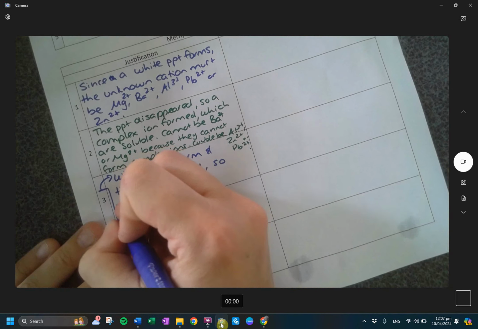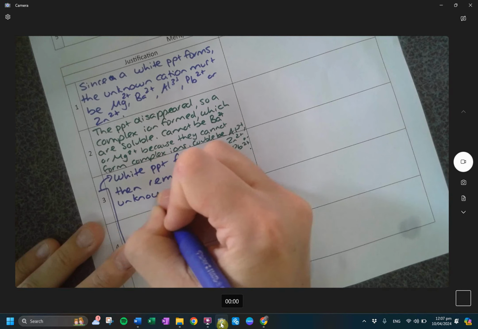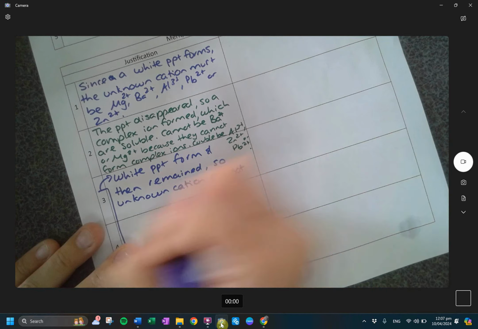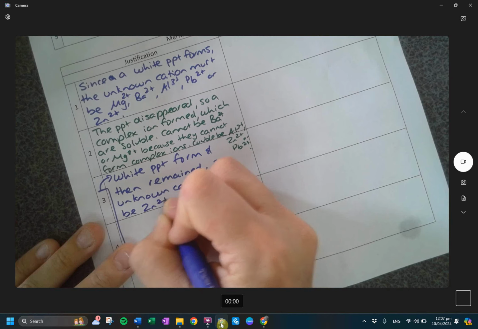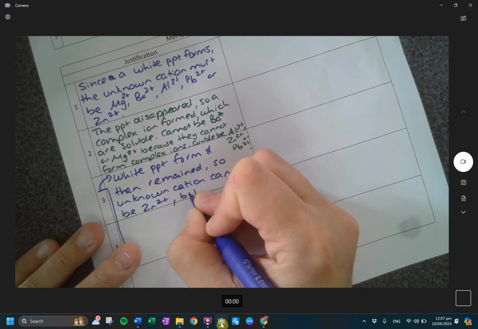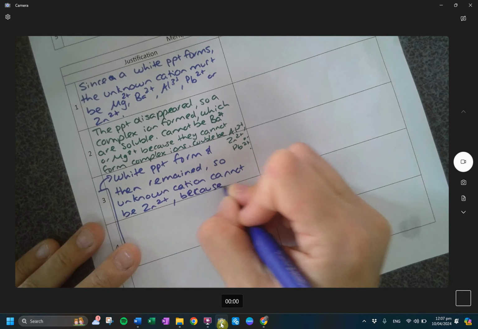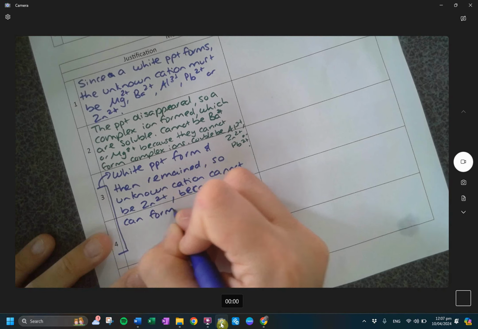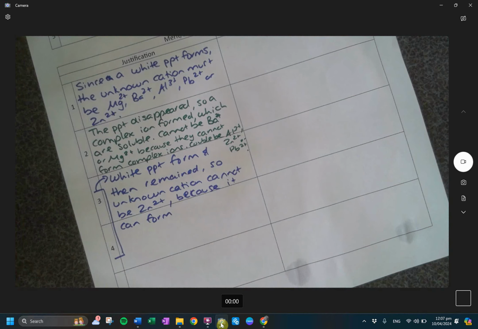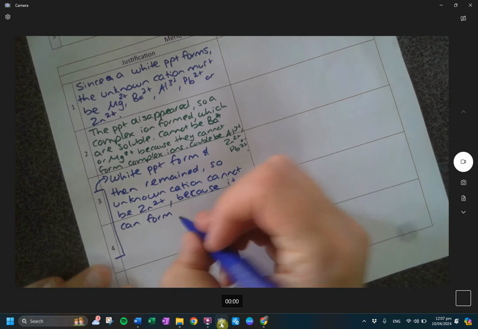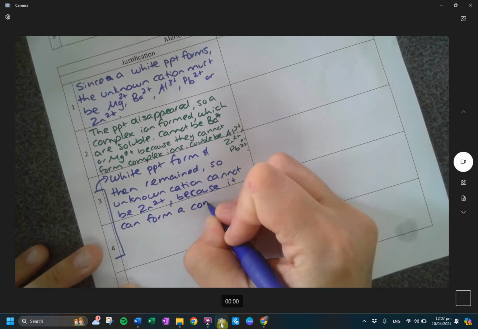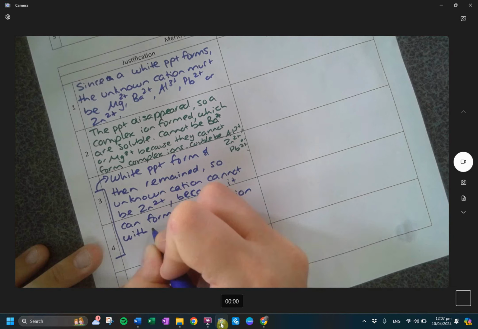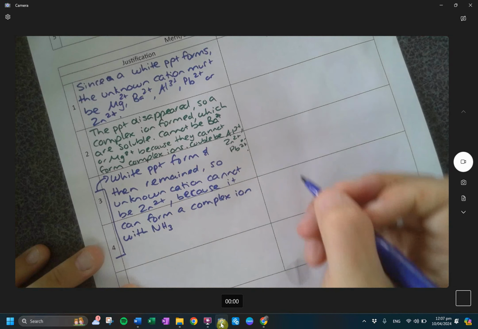So, unknown cation cannot be zinc because it can form a complex ion with ammonia and thus will be soluble.